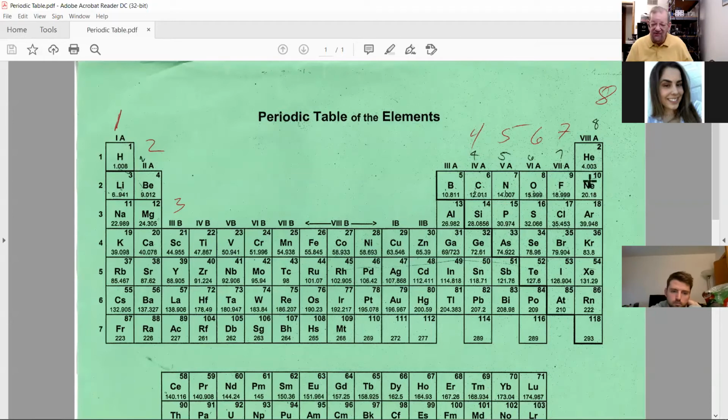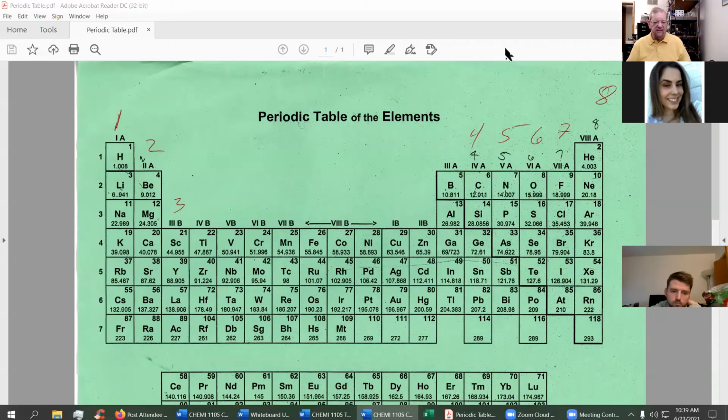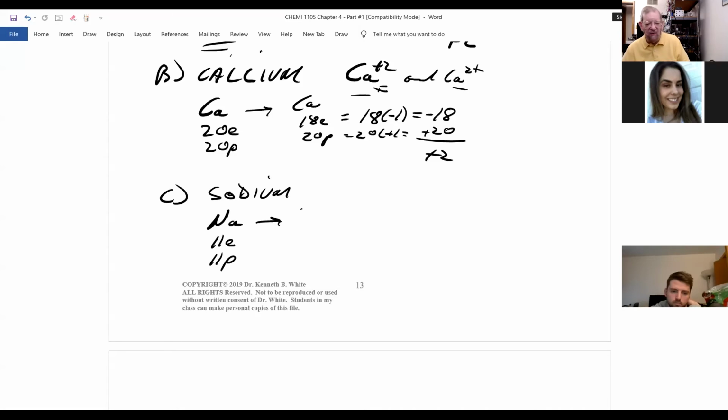How many electrons does neon have? 10. So it wants to go to this cation with 10 electrons. You don't change the number of protons. Each electron is a -1, and each proton is a +1.